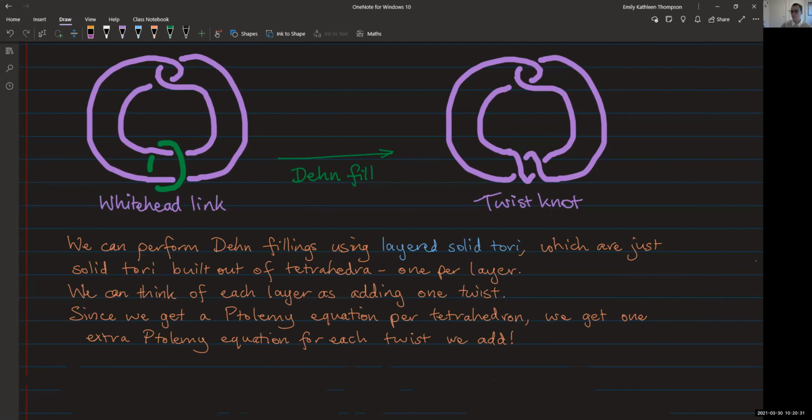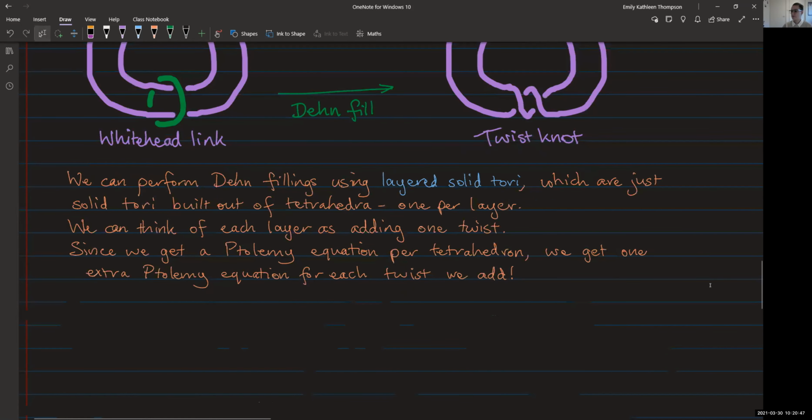Now remember, we get one Ptolemy equation per tetrahedron. So one Ptolemy equation per tetrahedron, one tetrahedron per twist. So we get an extra Ptolemy equation for each twist. So using this Ptolemy method, what we have is that the A-polynomial is defined by this set of equations.